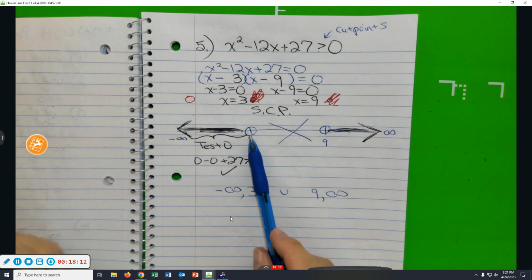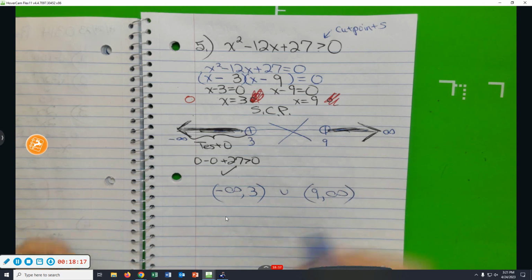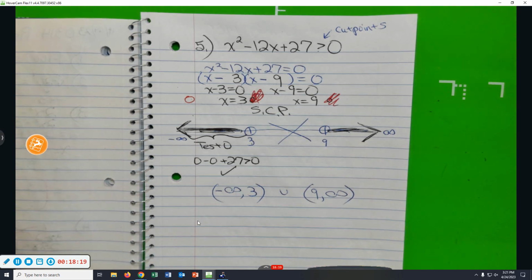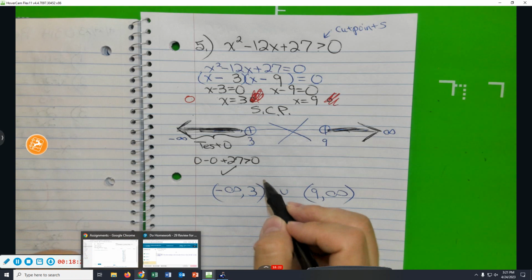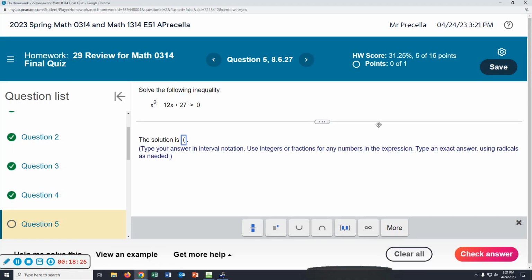Okay, there's no closed circles, so all the symbols of grouping are parentheses. Parentheses, negative infinity, comma 3, parentheses, union, parentheses, 9, comma infinity, close parentheses, and check.